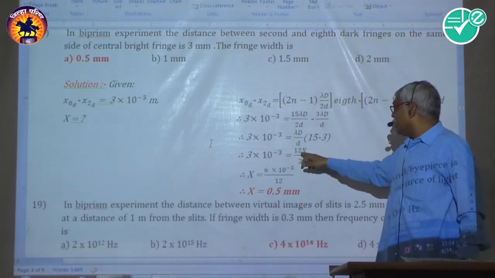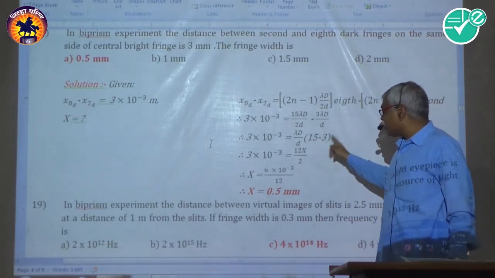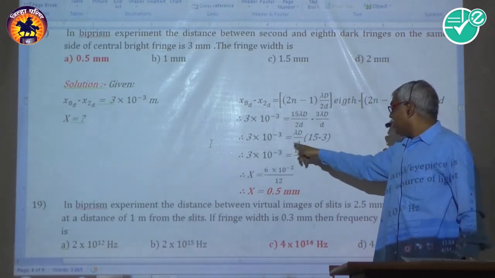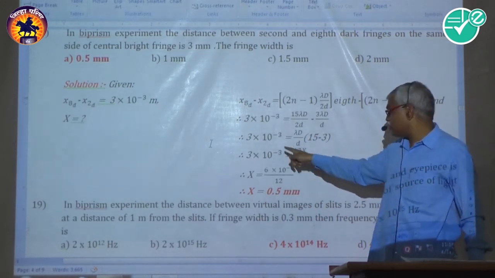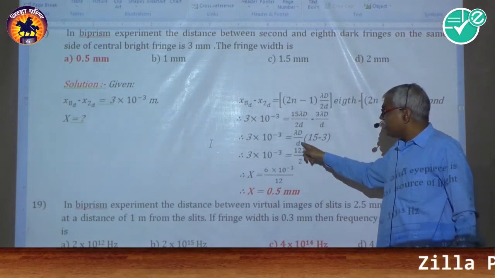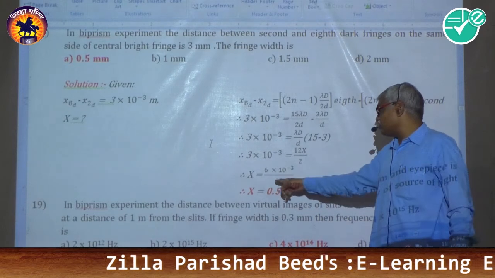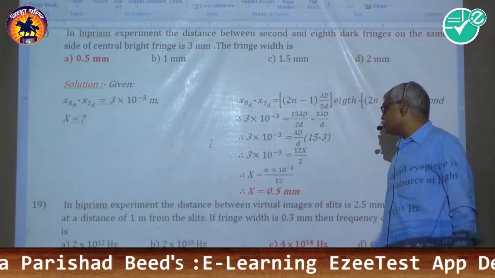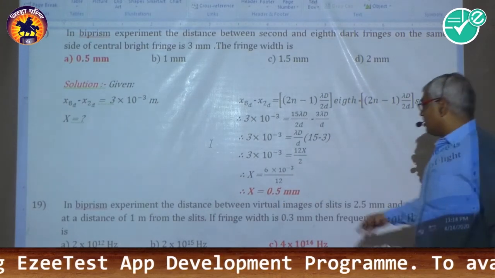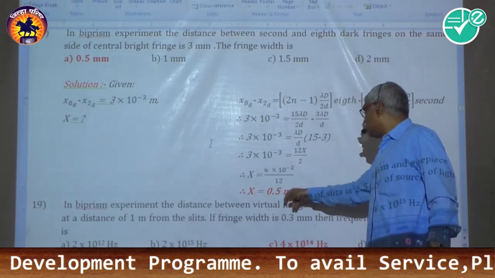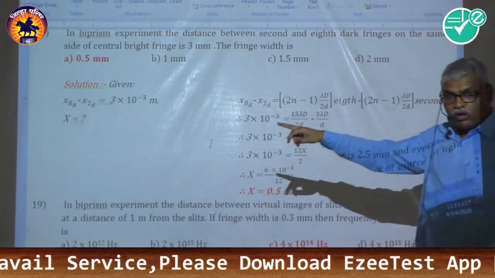Therefore, lambda D upon d into (15 minus 3) divided by 2. Lambda D by d is the standard formula for capital X. Therefore, we have 12X divided by 2. Therefore, 3 into 10 to the power minus 3 is equal to 6X, and we get X is equal to 3 divided by 6, that is 0.5 millimeters, and this is option A.